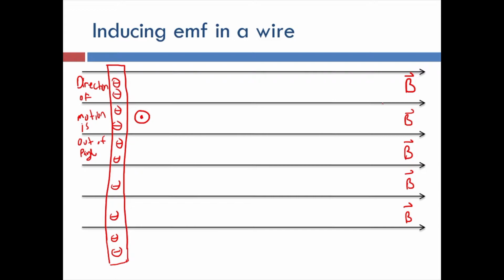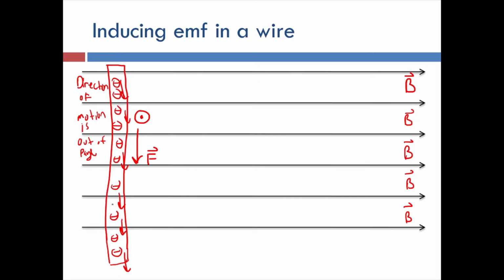So our magnetic field is pointing to the right, so we point our fingers to the right, and the palm will tell us what direction the force is going to be pushing these electrons. So doing this, and again we're using the left-hand rule because we're dealing with electrons, not positive charges, the magnetic force is causing our electrons to be pushed down the wire. So all of these electrons are being pushed down the wire.